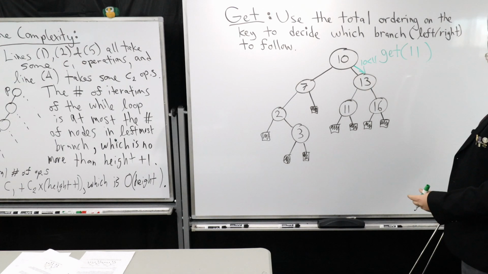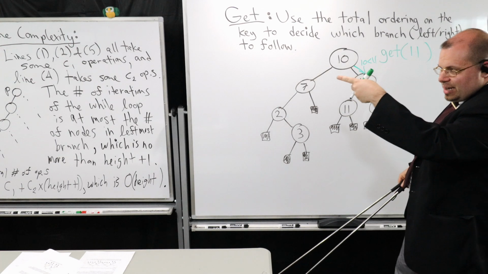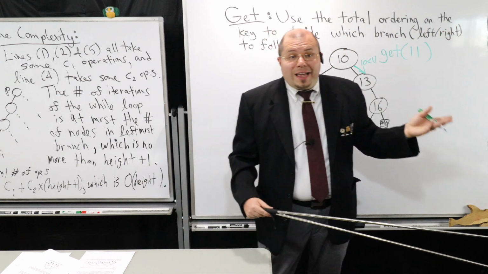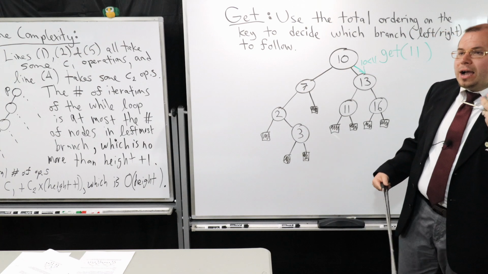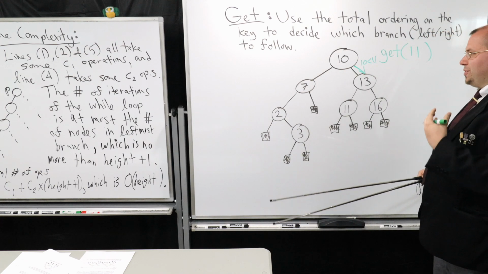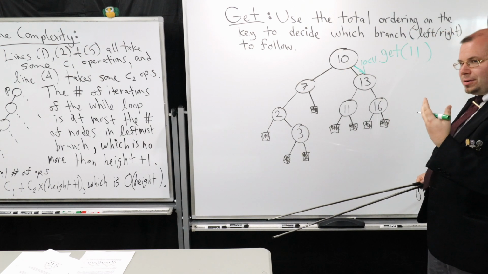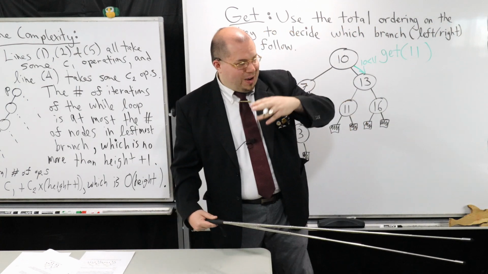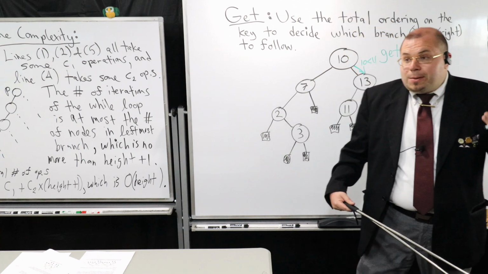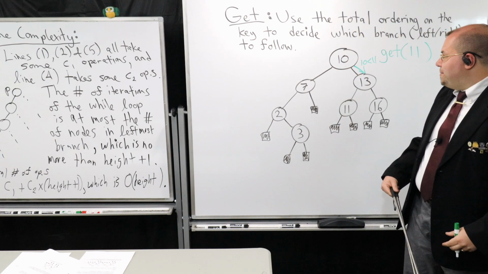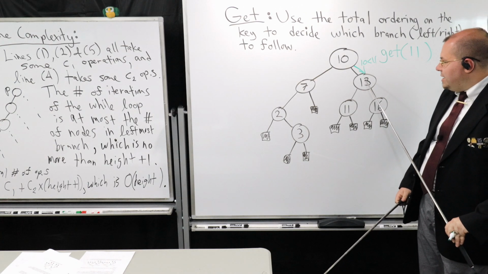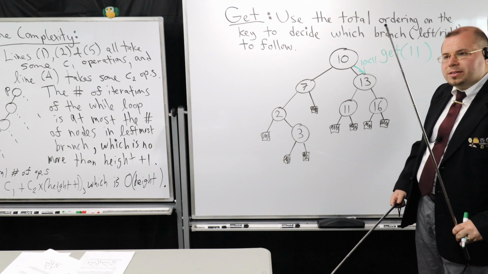Now, you can imagine this is just like the same exercise we went through over here, except now we have to compare the keys against ours. If I know I've found it, meaning it equals my key, then I'm done. Otherwise, I have to check whether to go left or right, or keep in mind that I could also run into a leaf node. So now we ask the same question. Is 13 less than 11 or greater than 11?